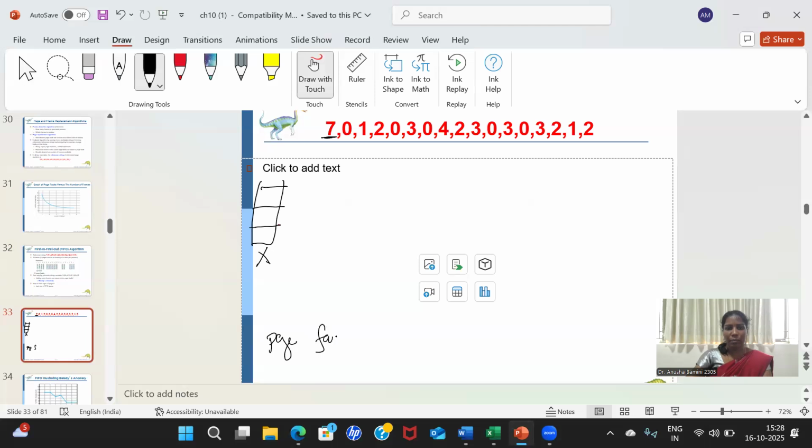If a page is already there, that is called a page hit. Our main concept is we need to reduce the page fault. So we'll solve this problem one by one. First we are checking whether 7 is already there or not.